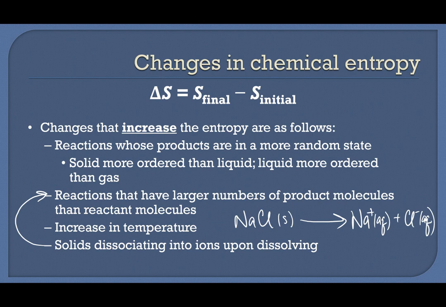So again, we've got 1 solid molecule to start with, and we've got 2 on the other side. We start with 1, we end with 2. That's an opportunity for messiness. So that certainly is going to cause the entropy to increase as well.